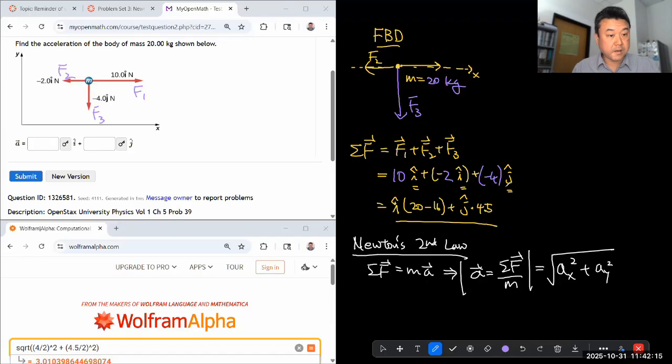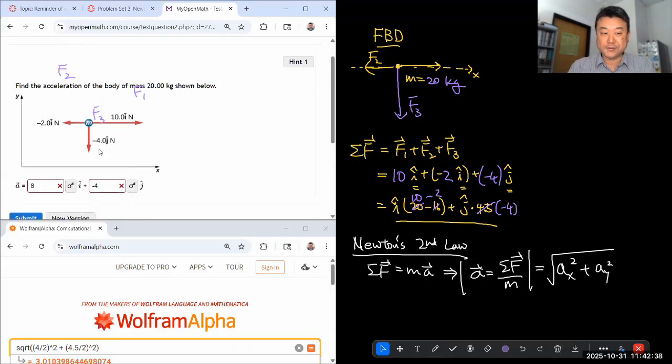And here they are actually asking for the components, so we can do a little bit less now. When I take these differences, this is 10 minus 2, this is minus 4. If you simply plug in 8 and minus 4, it'll say it's wrong, because it is wrong.